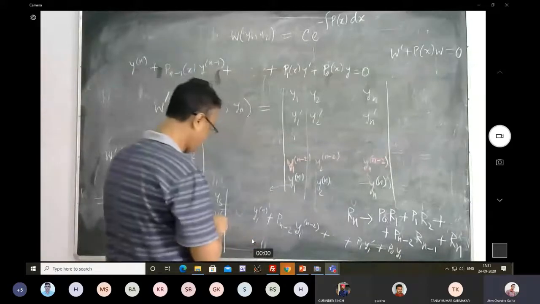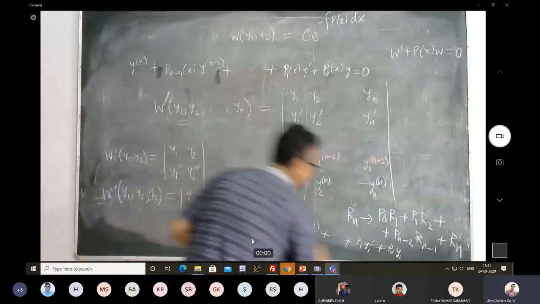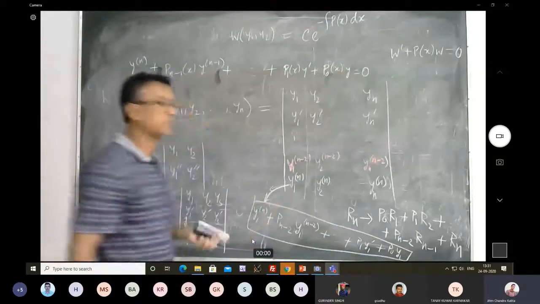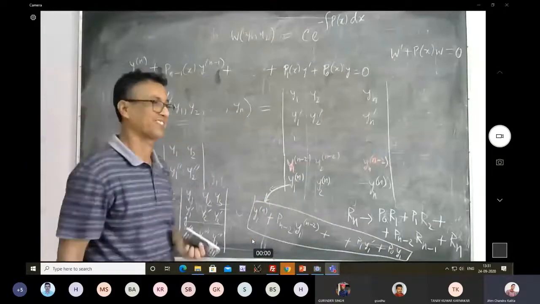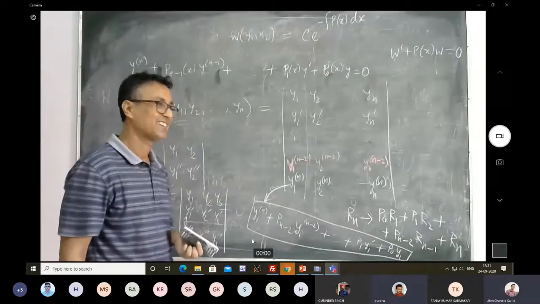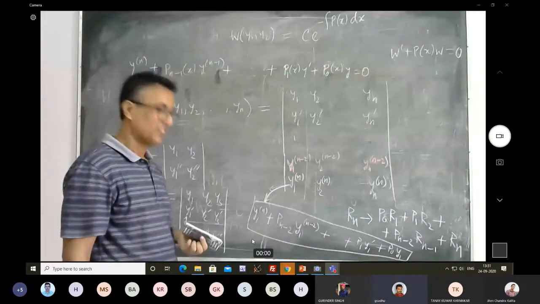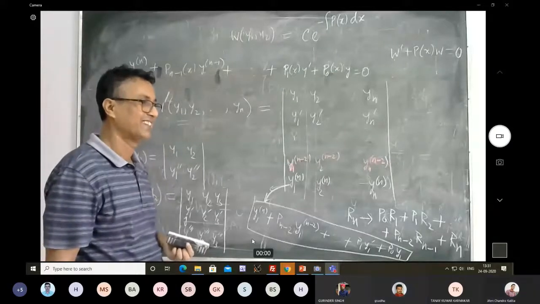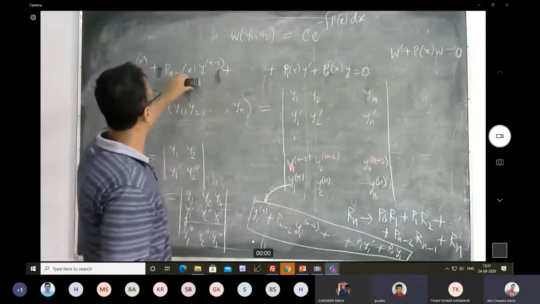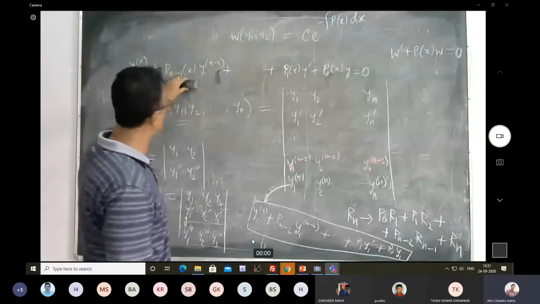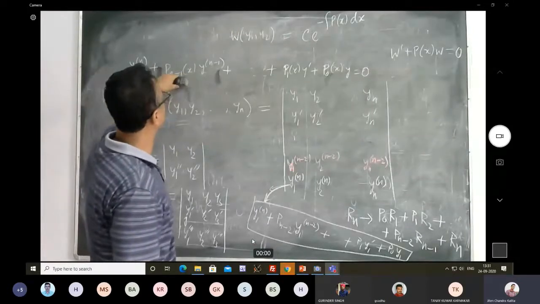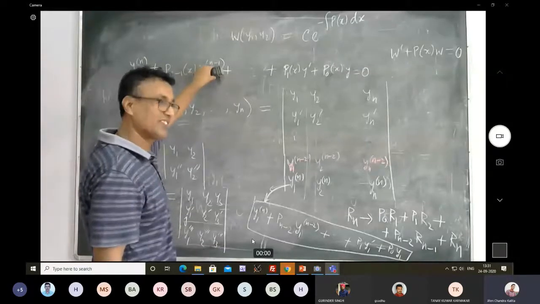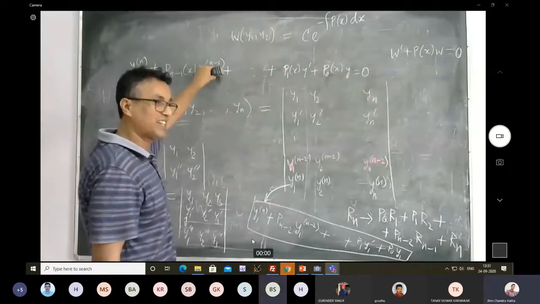Are you getting my point? This element will be replaced by this, and this is equal to minus P n minus 1 y1 n minus 1, isn't it? Is it okay with everybody?